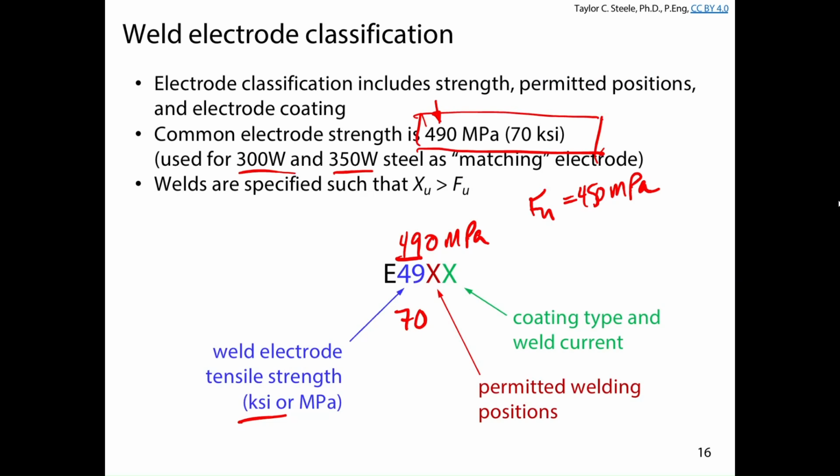And that's going to matter for strength calculations because either the weld material is going to fail or the steel that the weld is fused to is going to fail. Generally, as long as we have a matching electrode, we can always just work with the strength of the welds, and 9 times out of 10, you're going to be using a 49 electrode with the 300 or 350W steel that we're going to be using in this course.